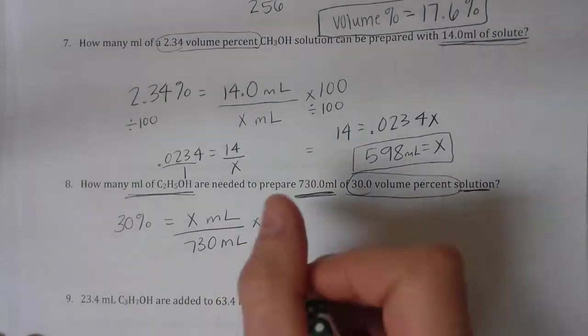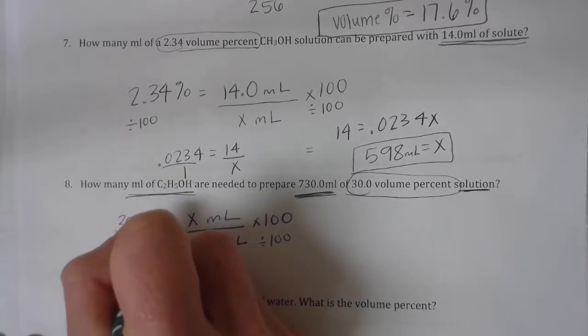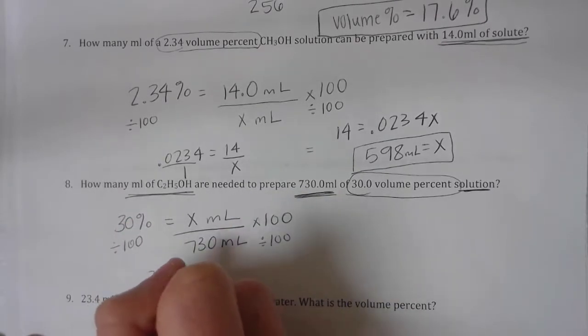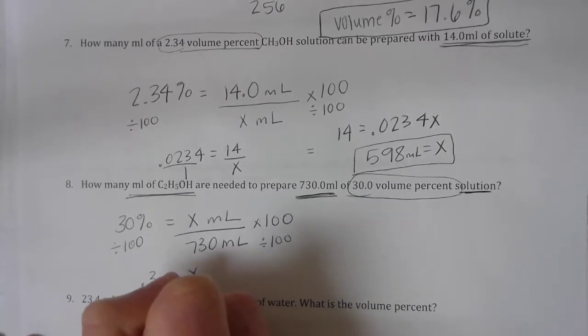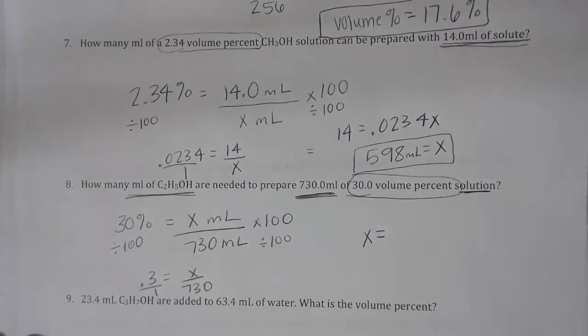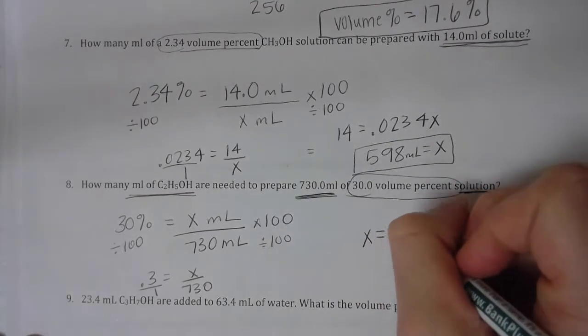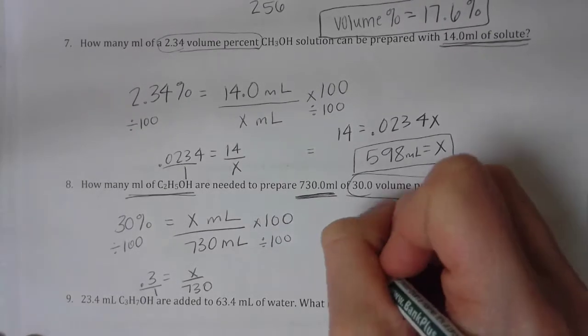To get rid of times 100, I'll divide by 100 on both sides. So I get 0.3 equals x over 730. Put the 0.3 over 1 and cross multiply. So x equals 730 times 0.3, and that should give me 219, and my answer is in milliliters.